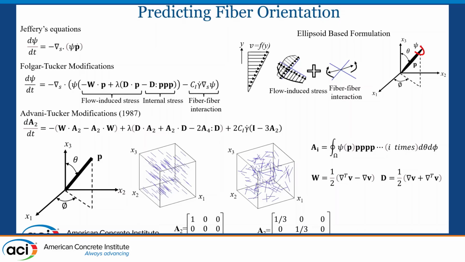So basically what you get is a tensorial form where the diagonal entries represent, for each direction x1, x2, x3, the orientation probability of that fiber in that direction. If it is perfectly 1, then it is perfectly oriented. If it is random, then you have 1/3, 1/3, 1/3 in all 3 directions.